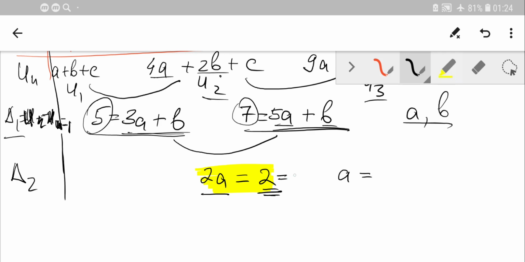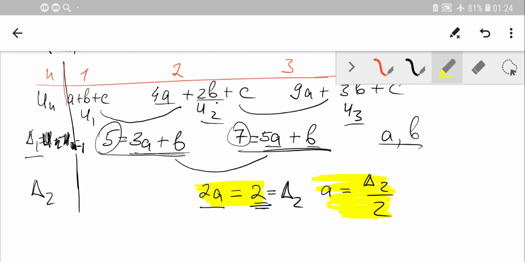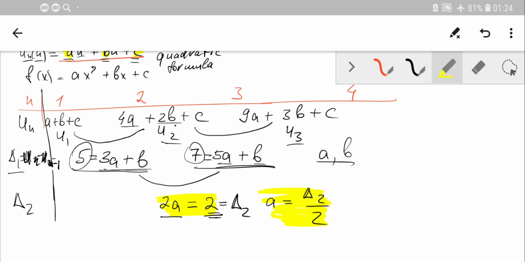Generally, because this is the second difference, you can set up the formula: second difference over 2. Someone who likes remembering formulas and has a good memory can just memorize it. But for those who mostly care about understanding, just consistently apply the difference approach, and you'll find your values with no problems, trust me.